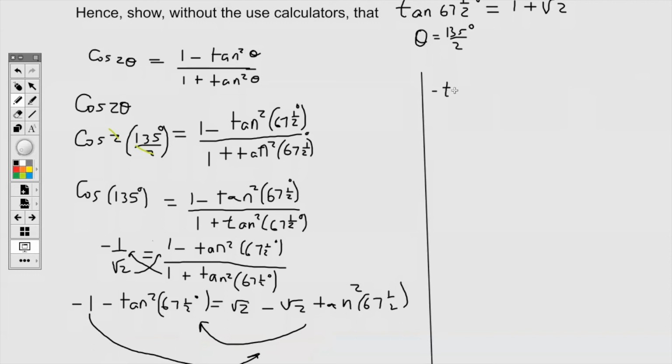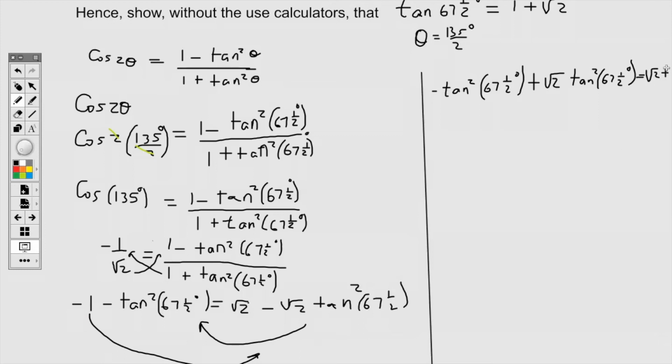So I will have minus tan square 67 and a half degrees plus root 2 tan square 67 and a half degrees is equal to root 2 plus 1.